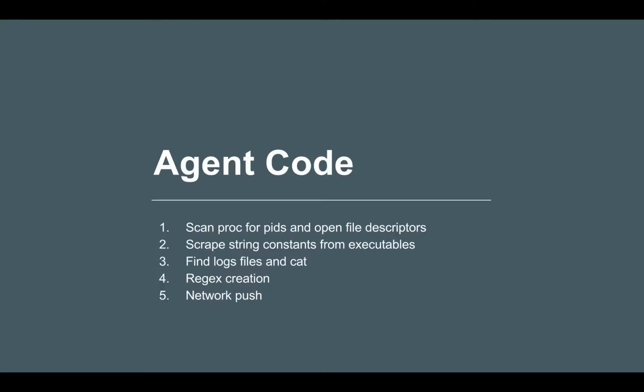They scrape proc for the PIDs, and proc also contains information about the open file descriptors for those PIDs. So with that, I can say, here's a given PID; let me see what files this process has open. Then you can determine whether those files are log files or executables or class files, stuff like that.